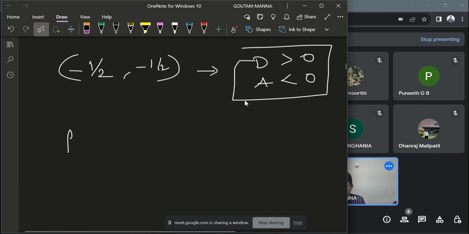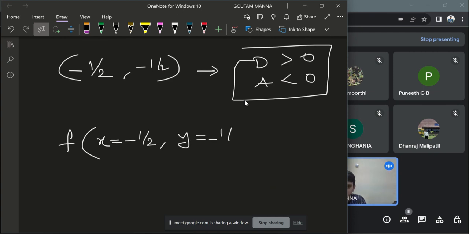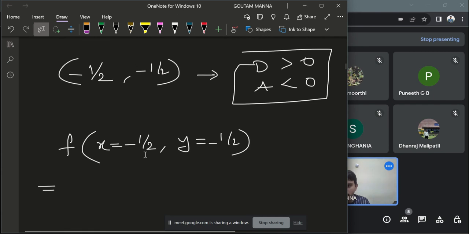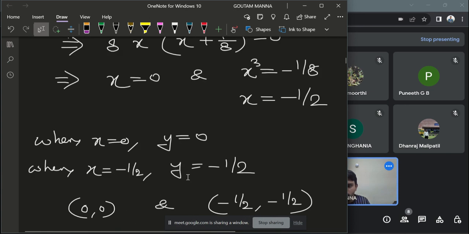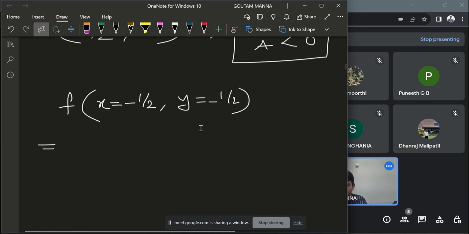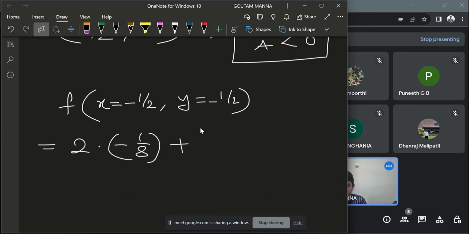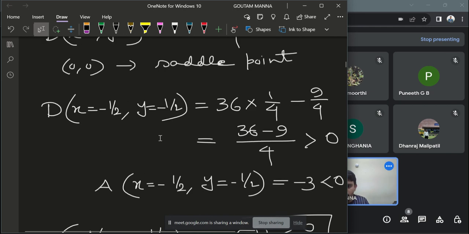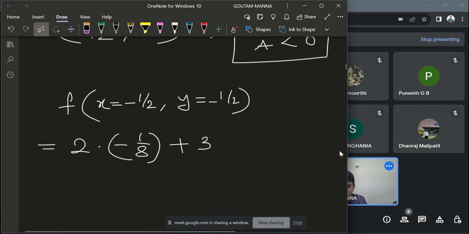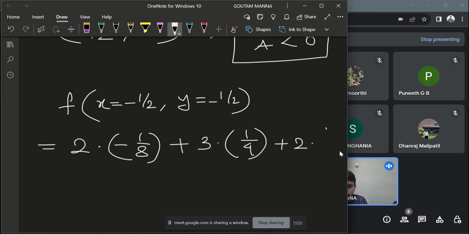So the functional value of this local maxima will be, x equals minus half, y equals minus half, and this is 2x cube, so it is 2 times minus 1 by 8, plus 3xy plus 2y cube. 3xy, xy means 1 by 4, and plus 2 times y cube is again minus 1 by 8.